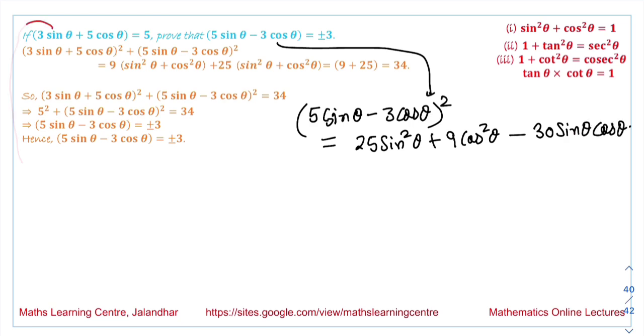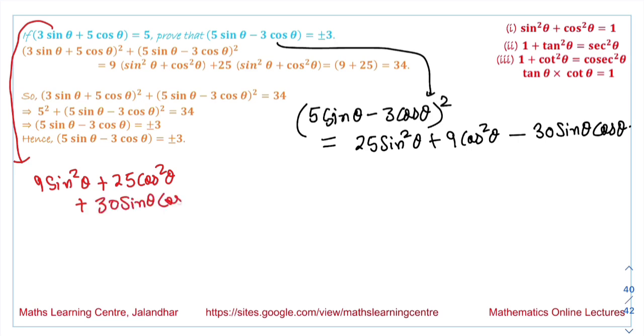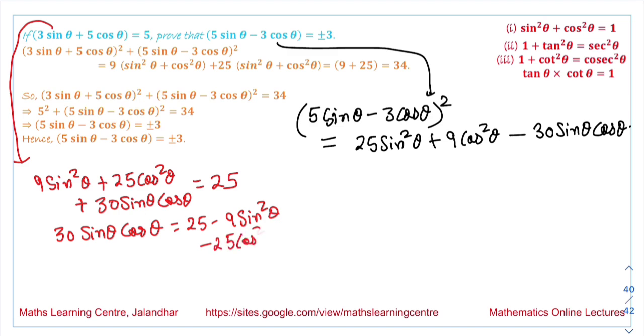Now look at this term over here. If we square both sides, we will get 9 sin square theta plus 25 cos square theta plus 30 sin theta cos theta is equal to 25. So we will get the value that 30 sin theta cos theta is equal to 25 minus 9 sin square theta minus 25 cos square theta.